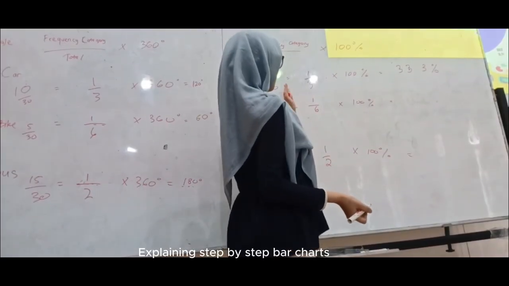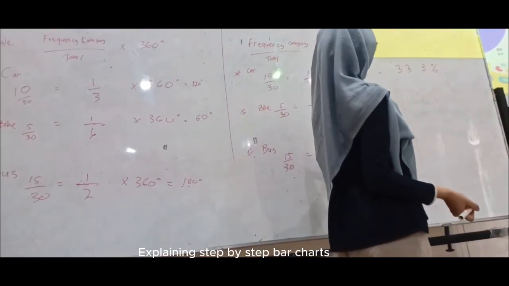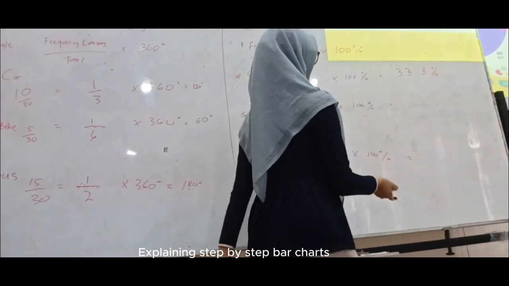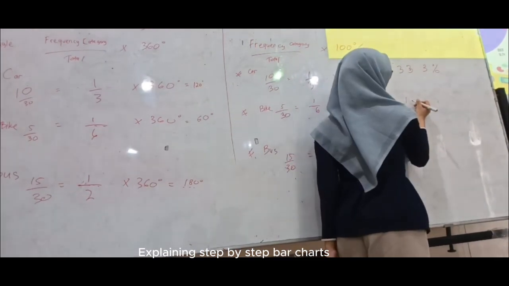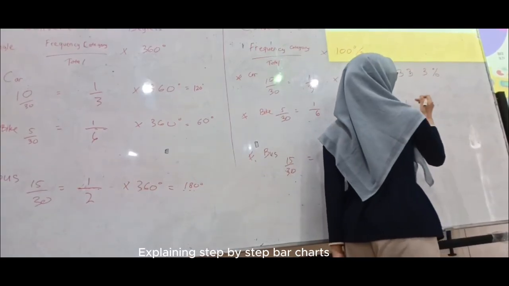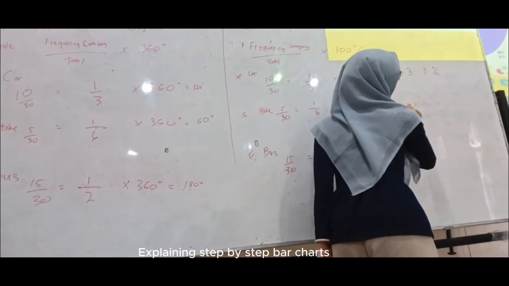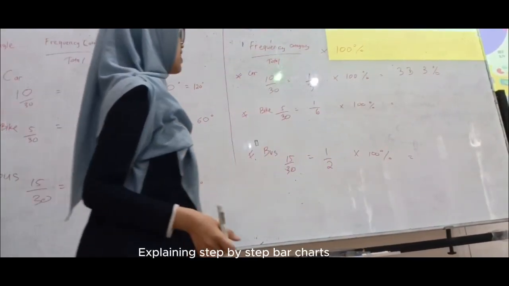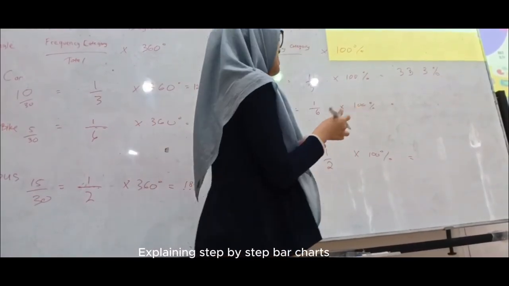And 5 is 1 over 6, multiplied by 100% is 16.7%. Yes, 16.7. Sorry, I forgot.